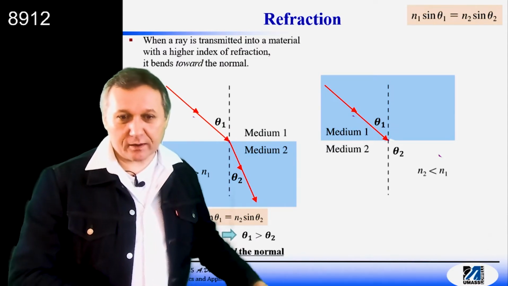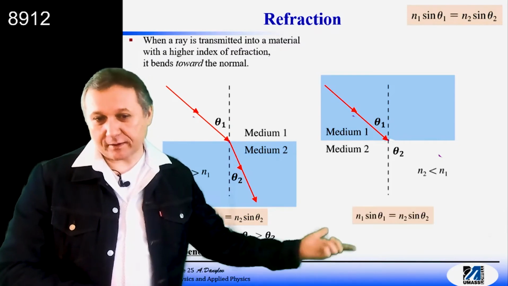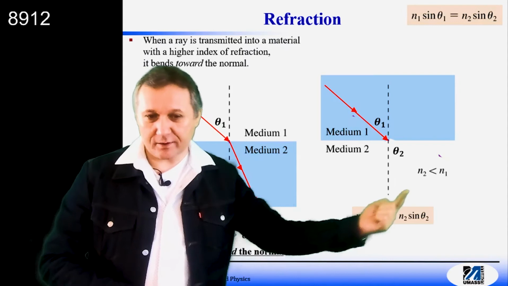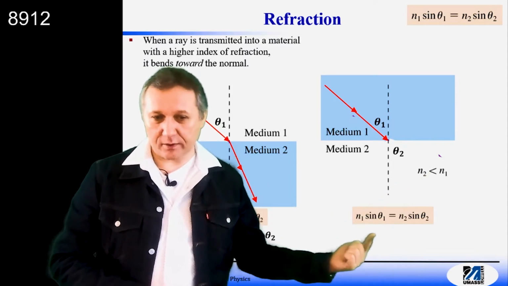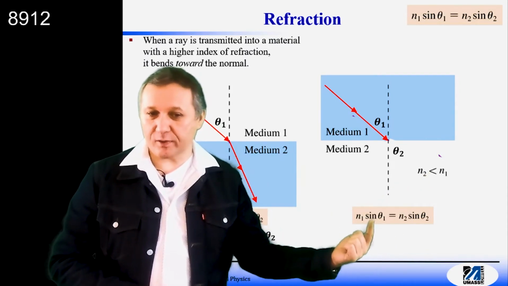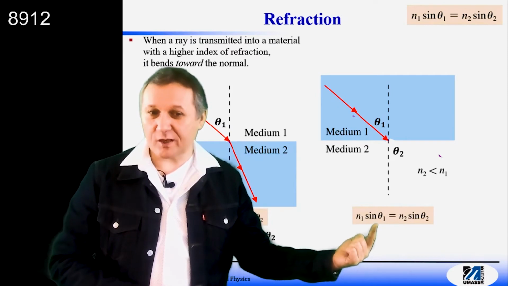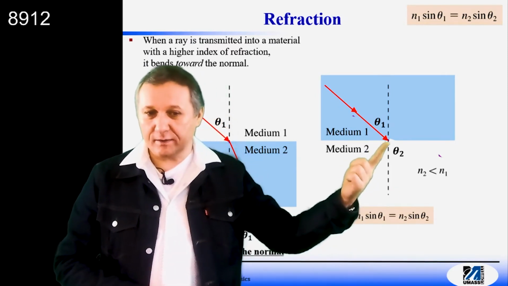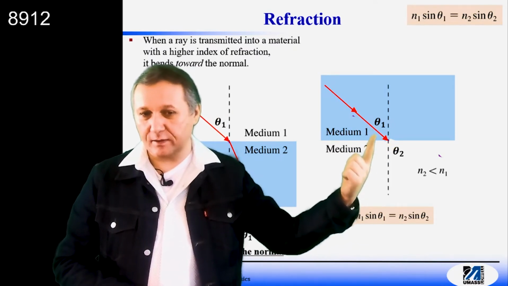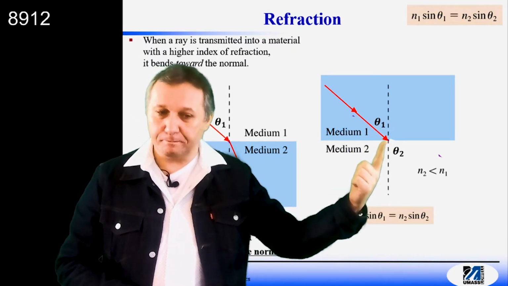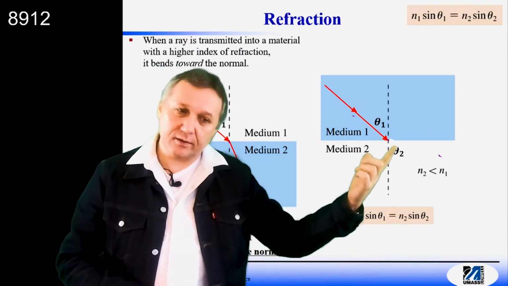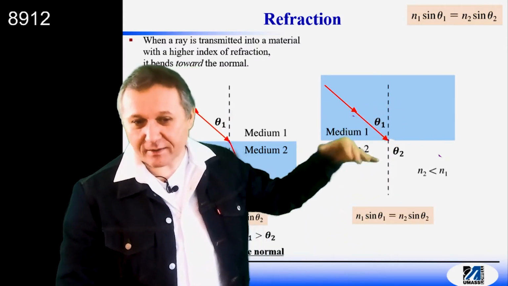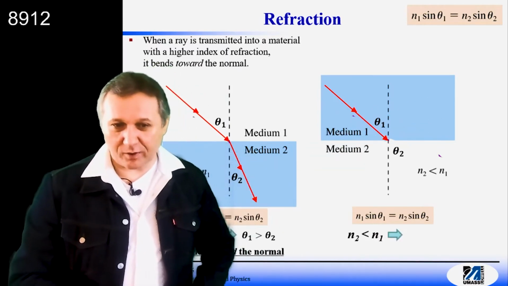Now again, let's look at Snell's law and analyze it in exactly the same way. Since N1 is larger than N2, this angle must be smaller than that angle. So this angle theta 2 is larger than theta 1, and the refracted ray bends away from the normal line.